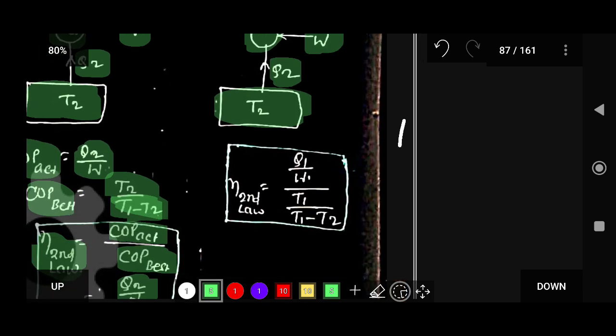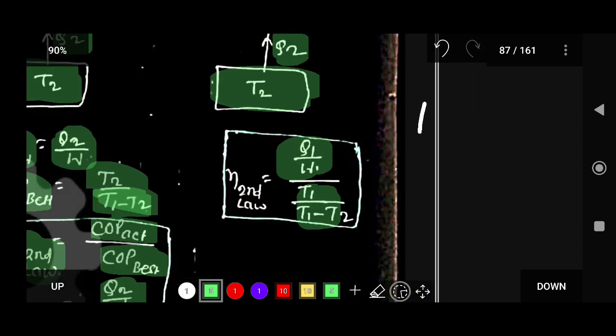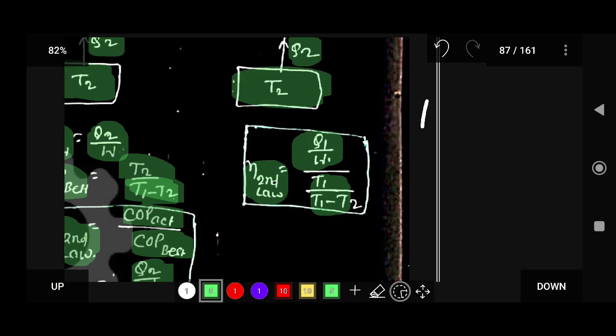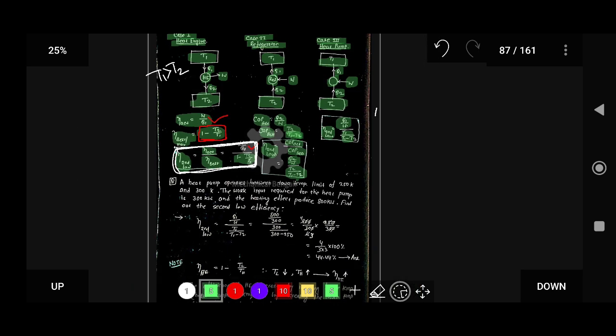So if you want to calculate the COP, that is the heating effect by work input, so Q1 by W. The maximum COP is T1 by T1 minus T2. From here you can get the second law efficiency. So this is all about the second law efficiency.